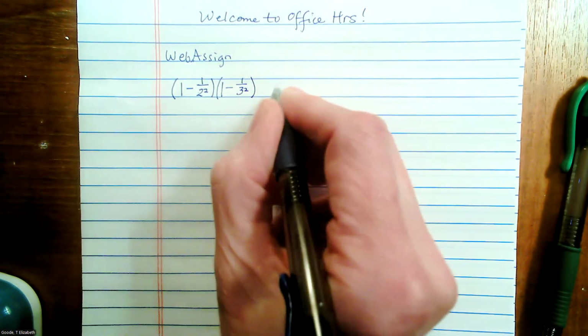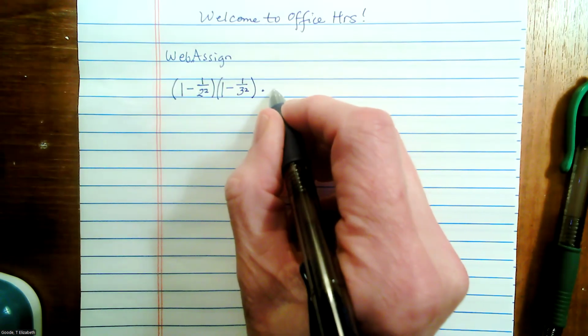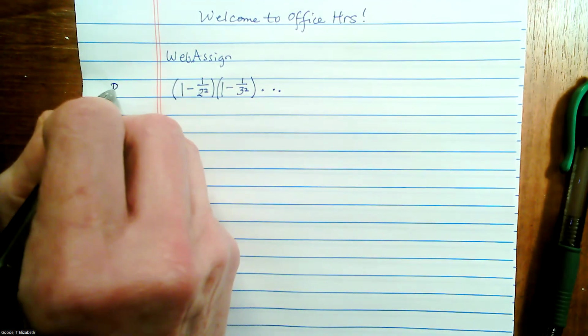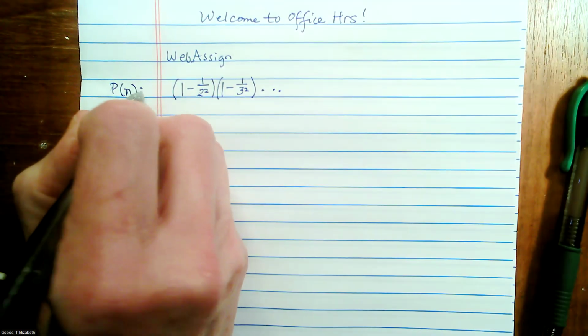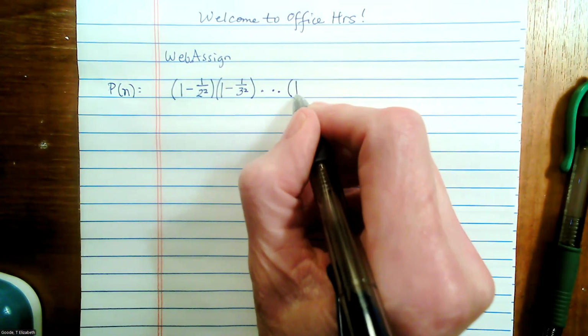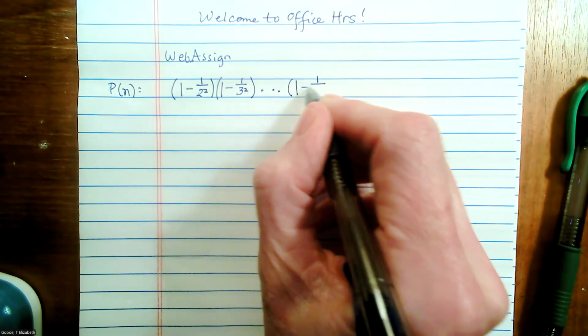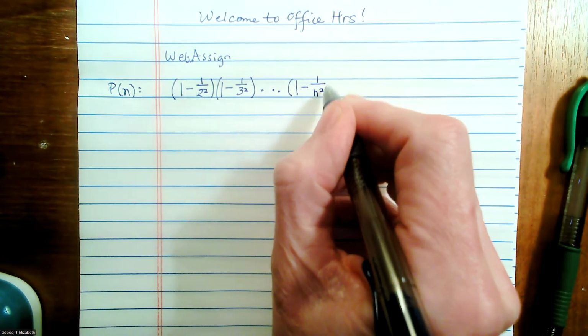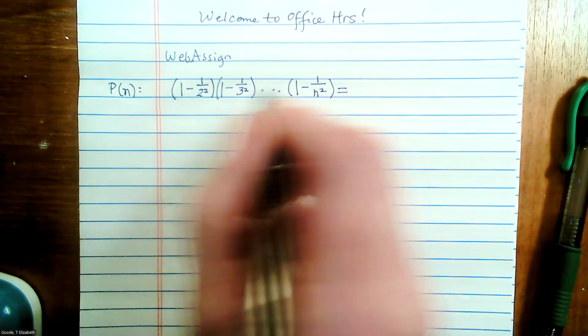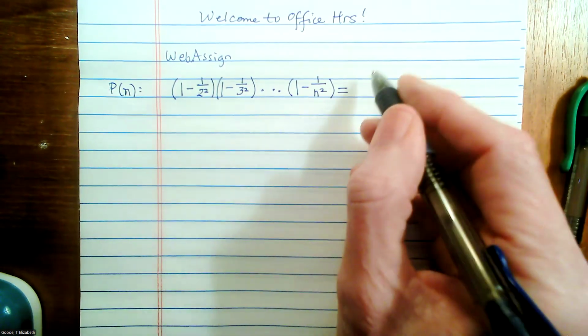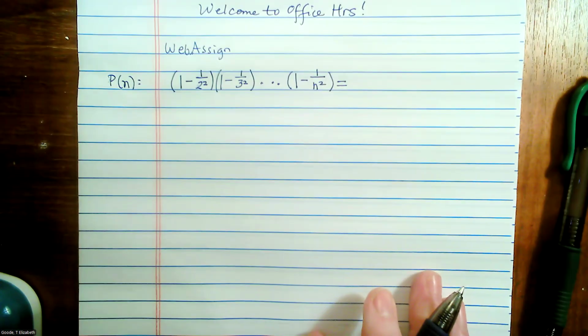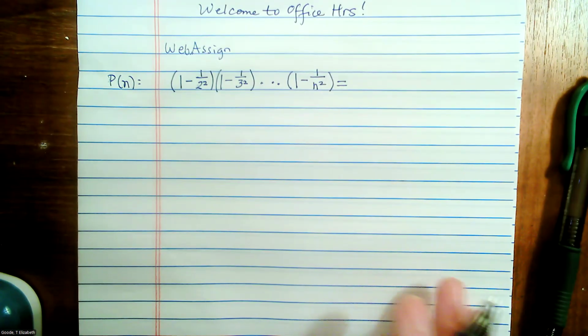All right. So there's a bunch of these. And finally, if it's P of n, that means the last variable is n. So the last factor would be 1 minus 1 over n squared. That's the left-hand side. And what's the right-hand side? Can you read me what the right-hand side is? Yes.